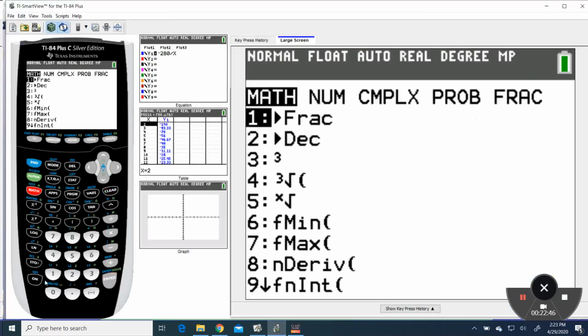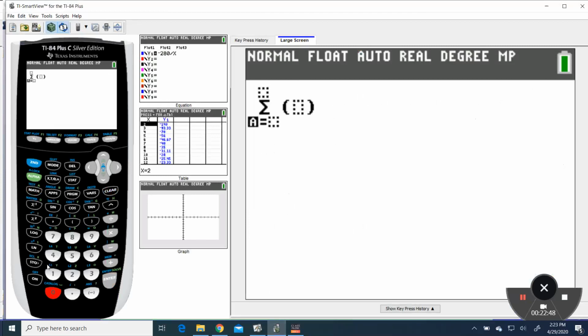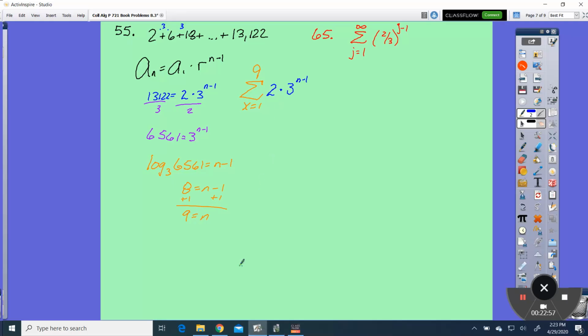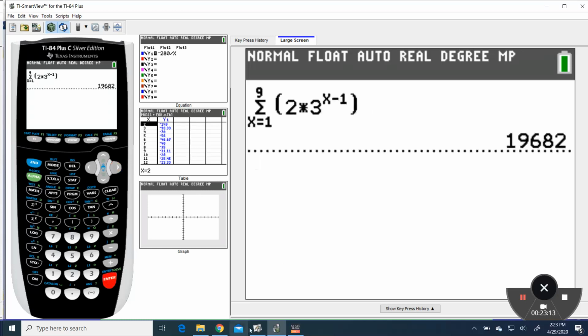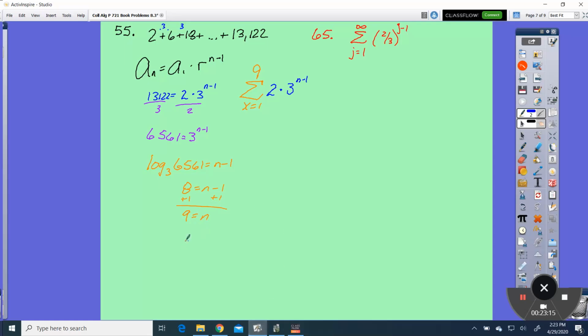So I can hit math, 0, x, 1, 9, 2 times 3 to the n minus 1. 2 times 3 x minus 1. And then we get the answer out, 19,682.